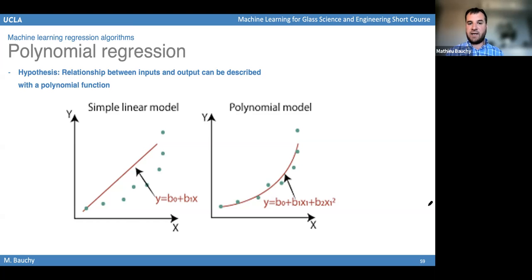The idea, again, is that you have some input X, and you want to use this to predict an output Y. In this case, there is only one single input, so it's typically pretty easy to do. But in many cases, you will have a lot of inputs.